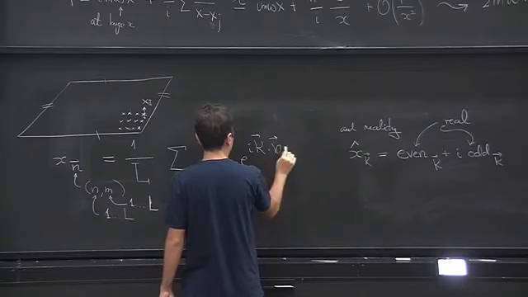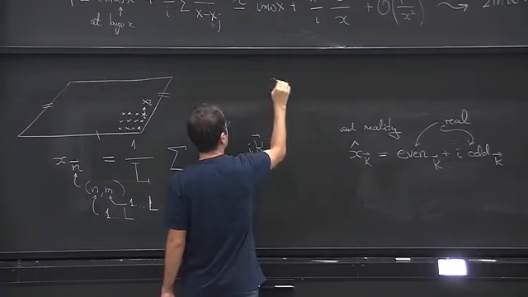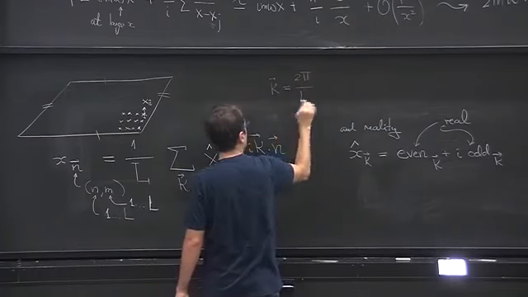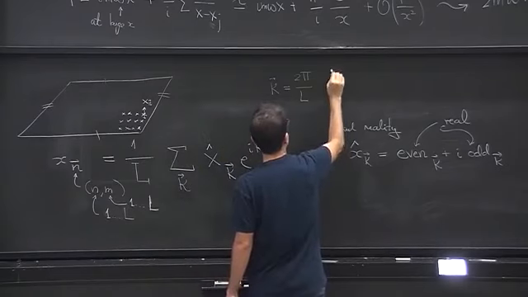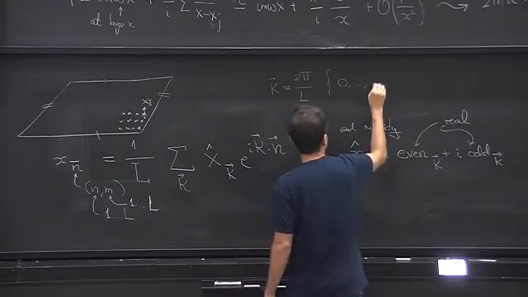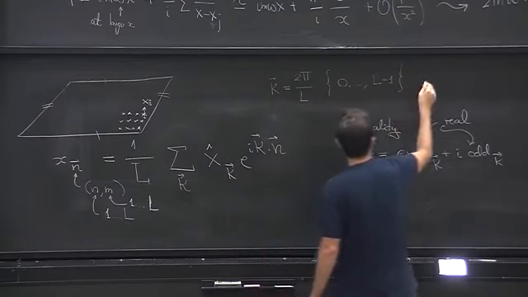It's a consequence of periodicity. You're quantizing your momentum because you have periodic boundary conditions, and what you wrote is correct. So k should be 2 pi over L times an integer that goes from 0 to L minus 1. Or I can shift this zone, right?